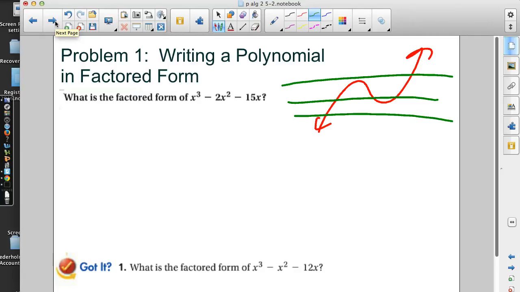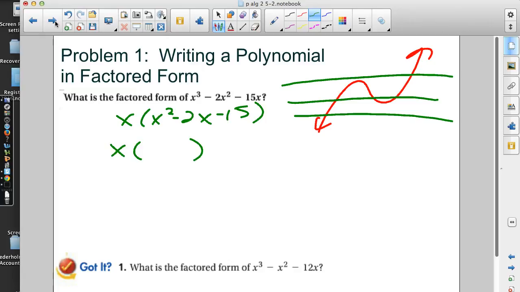So we go back to all the things we did before. We look at it and say, can I take out a greatest common factor? Oh, I can't. The next step would be, is this a perfect square trinomial? Because remember, that's what we always check for second. And the answer is no, because negative 15 is not a perfect square.